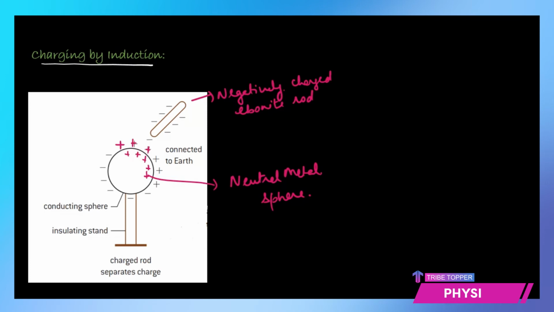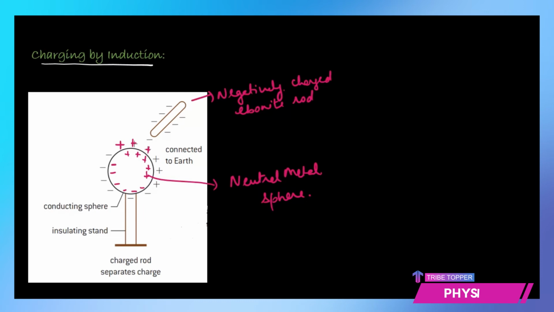All the negative charge is pushed to the farther end, because the negative rod repels it.